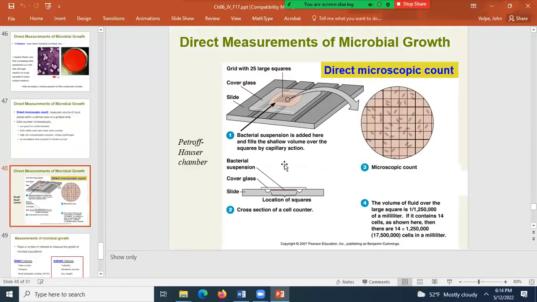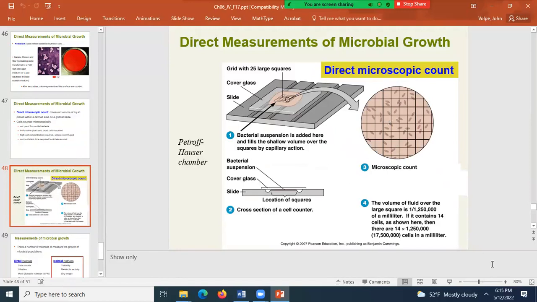So usually you have a grid like this, and you put in the cells on this side of the grid, and then it's wicked under the grid. And the grid has specific lines on it. And the volume under the grid is usually known.